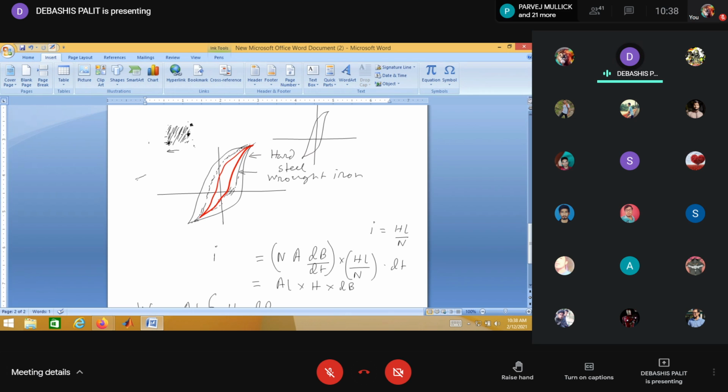So hard steel is usually used as the magnetic material for permanent magnets. And wrought iron is used for making the yoke design.